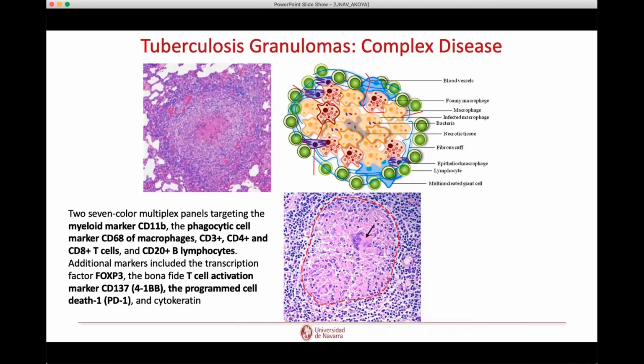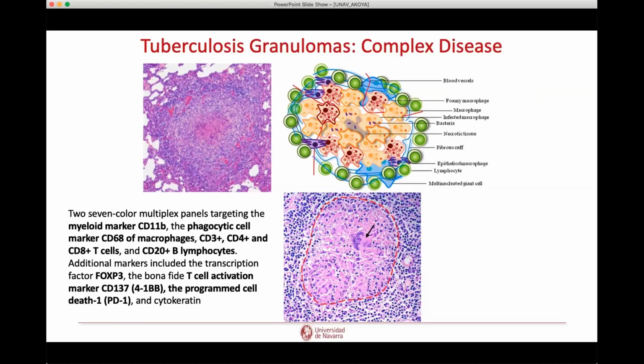In this process, the macrophage plays an essential role in TB granuloma formation. They also harbor the bacteria and have the power to destroy it. Once the mycobacterium gets in contact with the macrophages, they start to differentiate into epithelioid macrophages and multinucleated giant cells.